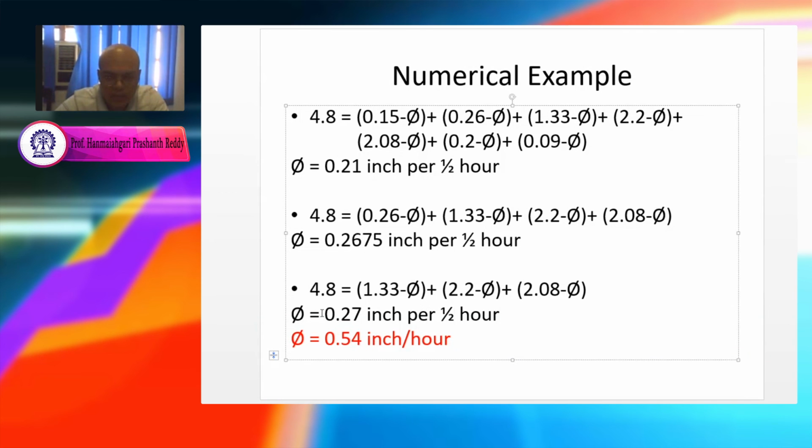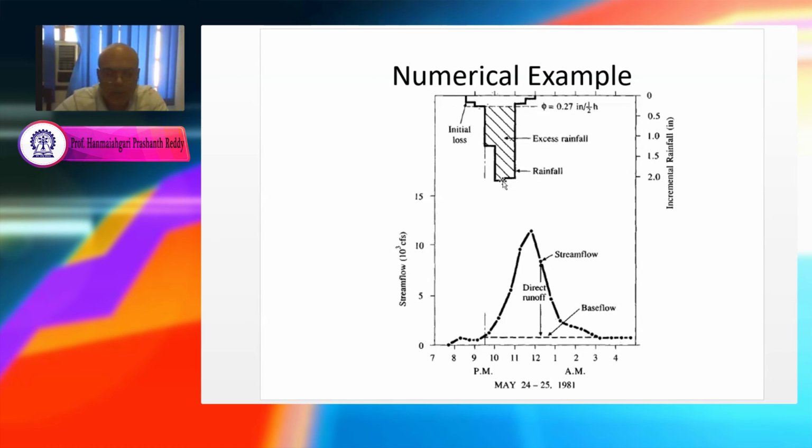But this phi value is calculated per half an hour, so in proper units that becomes 0.54 inch per hour. In the next figure, this is the rainfall hyetograph, from the starting of this. We need to subtract phi equal to 0.27, because here the interval is only half an hour. That is what this line gives.